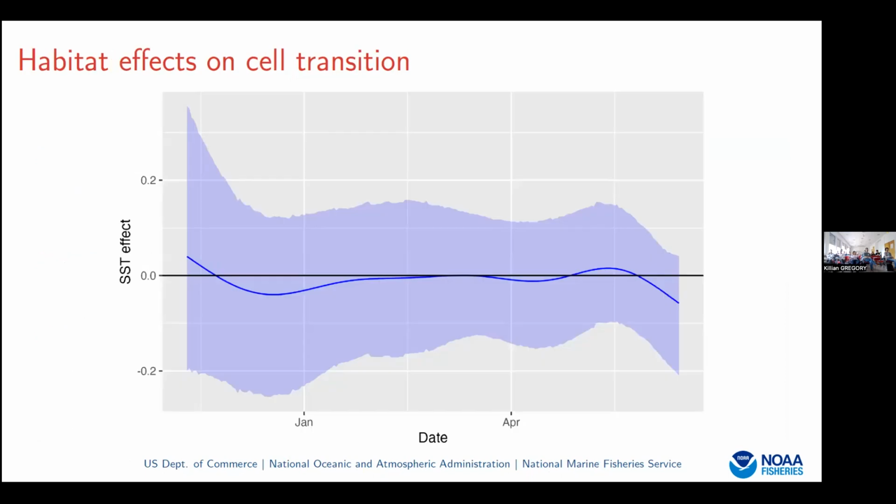So this is essentially the effects you see. This is sea surface temperature. Does it affect the rate at which I want to stay? That was one of the utilities. I get to a nice warm spot, do I want to stay here? Or maybe I like cold. What you can see is there's no real effect on that, but just in case you did see something where it gets negative here, what that means is, if it's negative, the warmer the sea surface temperature is, the lower my rate is, right?